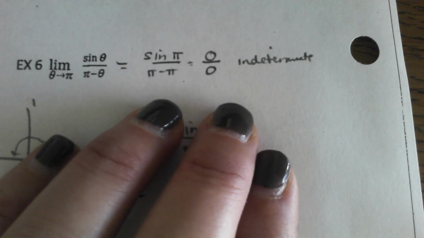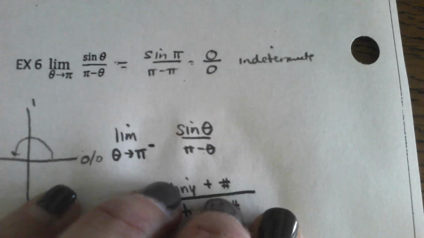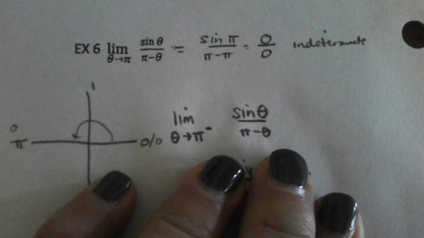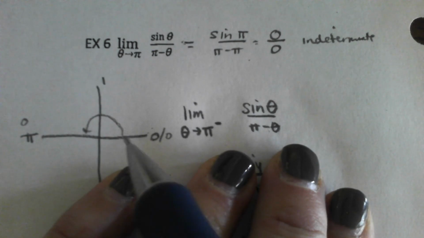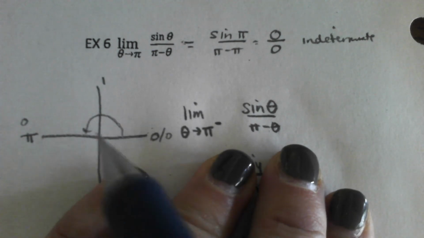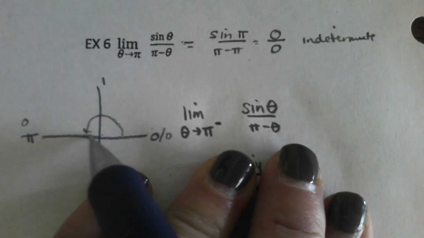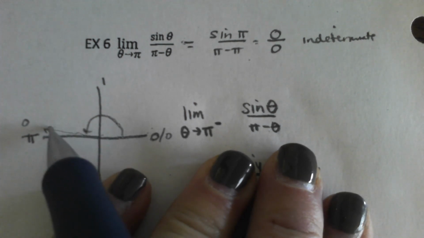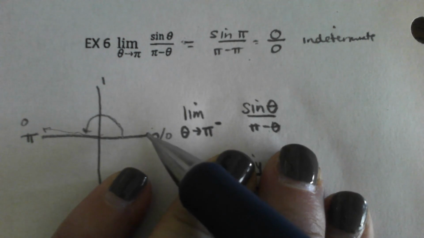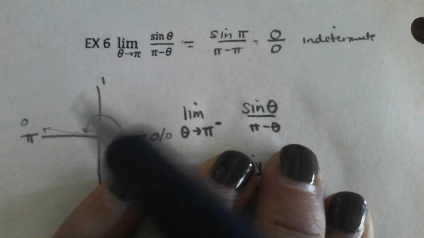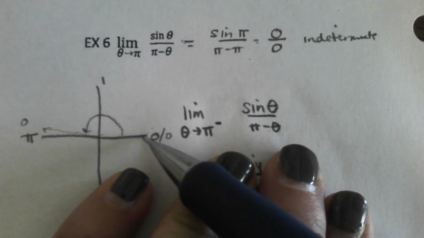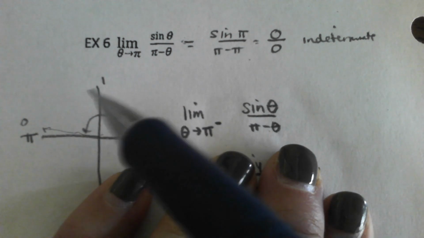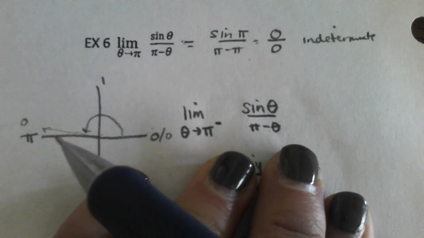What if I approach pi from the left versus the right? So I first looked at what would happen if I approached pi from the left. If you're talking about the unit circle and you plug something in slightly less than pi, right? Sine's progression as you go around the unit circle, the sine of 0 is 0, then it increases to 1, and then it decreases back down to 0.